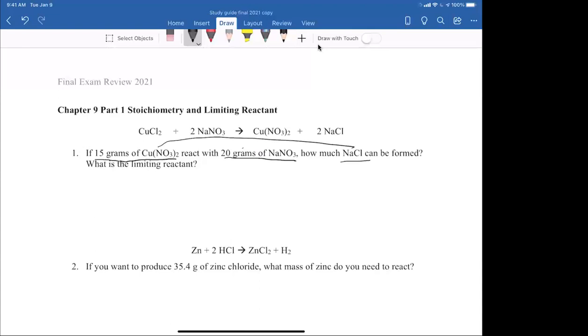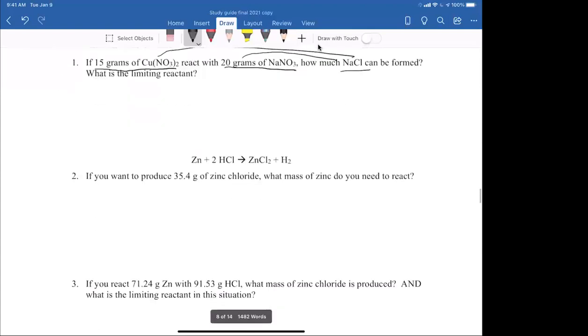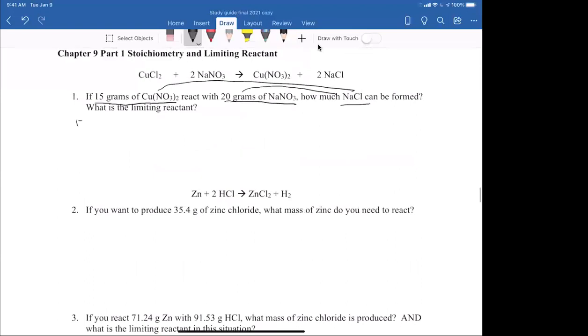Then you start with the other one and go to NaCl again. You'll see which one forms less NaCl, and that is your limiting reactant. So we start by 15 grams of CuNO3.